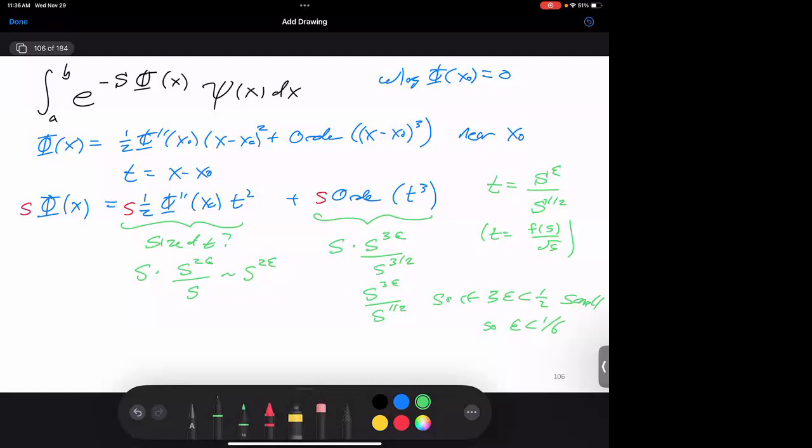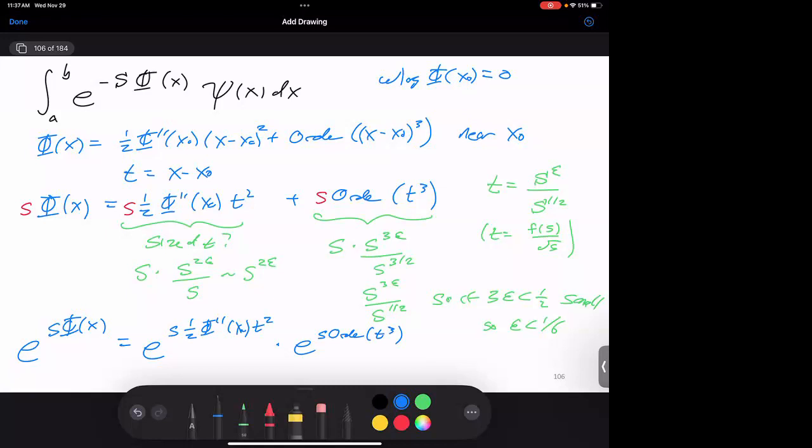So if I look now at e to the s phi of x, that's going to be e to the s, 1 half phi double prime x naught t squared times e to the s order t cubed. But the s order t cubed, approximately how big is that? As s gets really, really large, what does s order t cubed go to in this range?